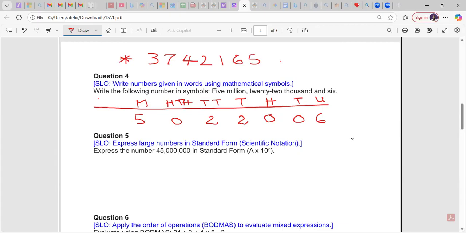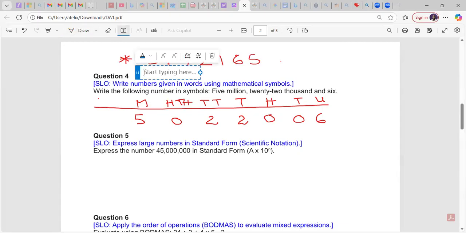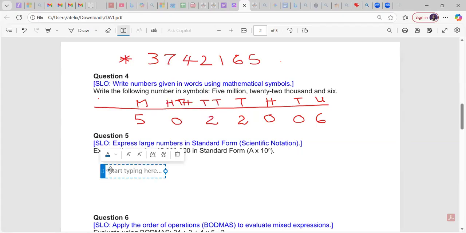Let's write it out. See if we can put it somewhere here where you can, okay, I'm going to use the space down here. All right, so this is not number 5 solution. We are just making use of the space.